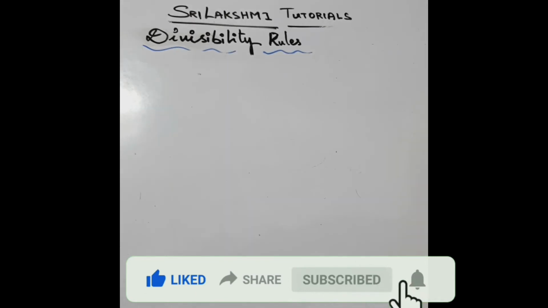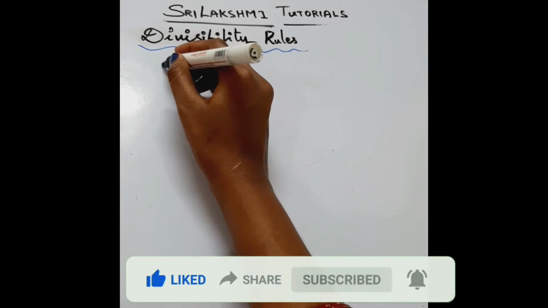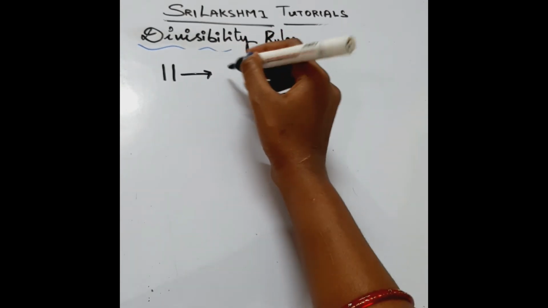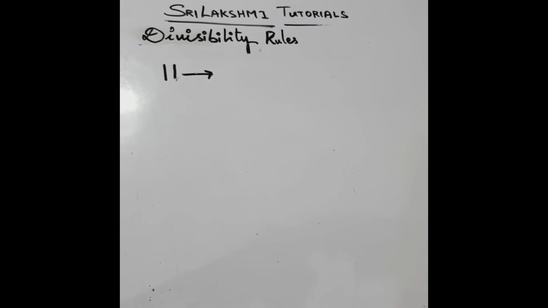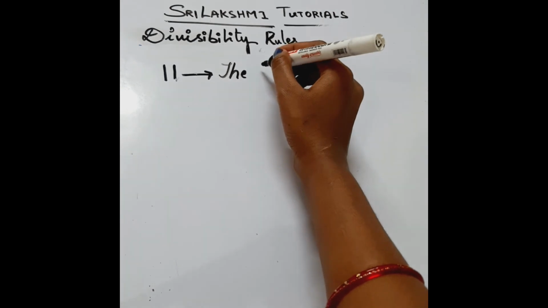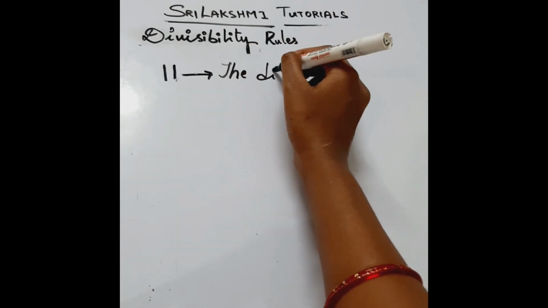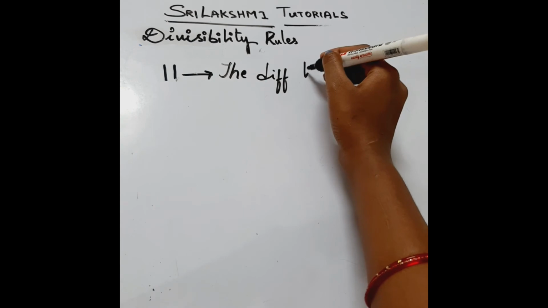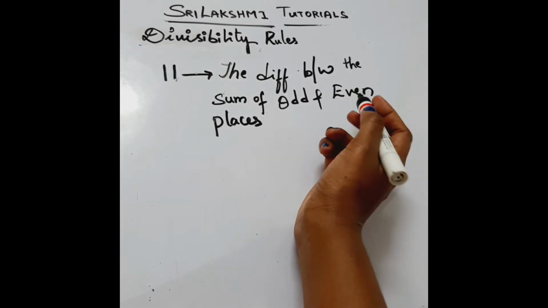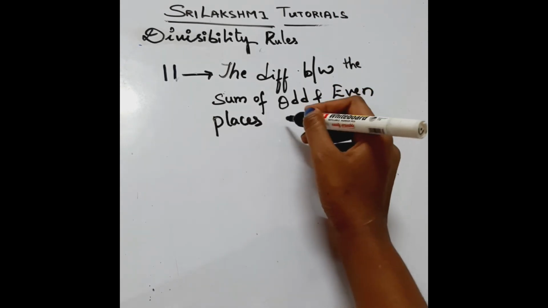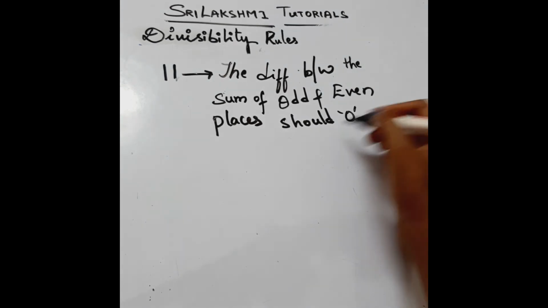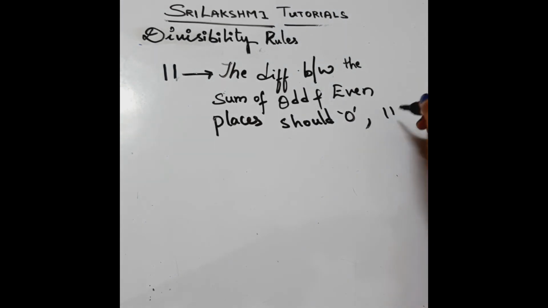Now we'll see the divisibility rule for 11. What is the rule for 11? The difference between the sum of the digits at odd places and the sum at even places should be 0, or it should be divisible by 11.